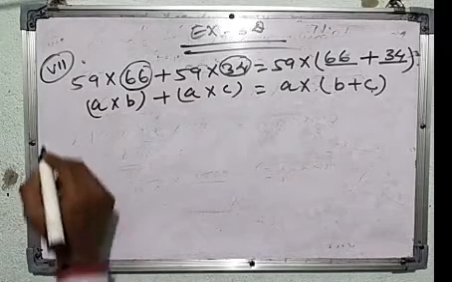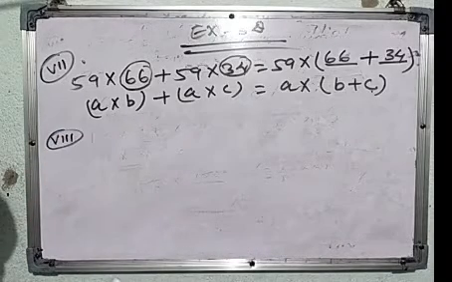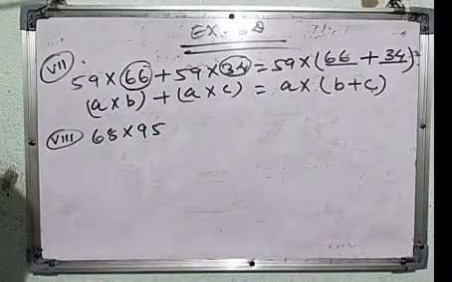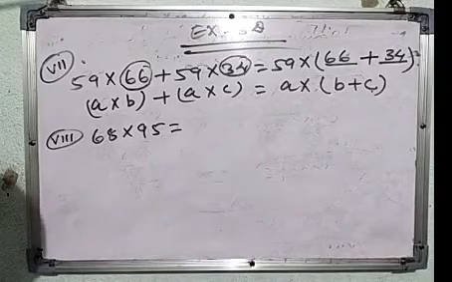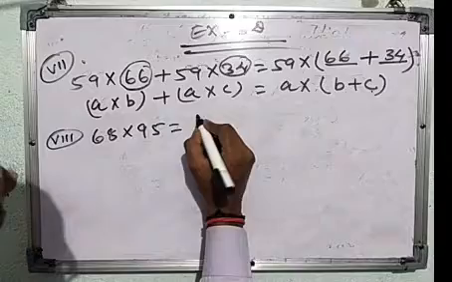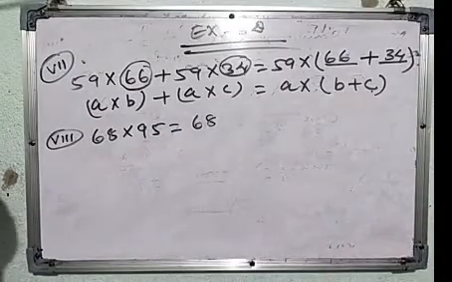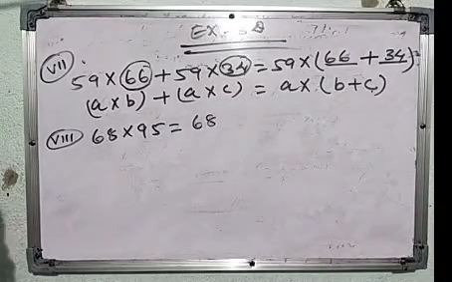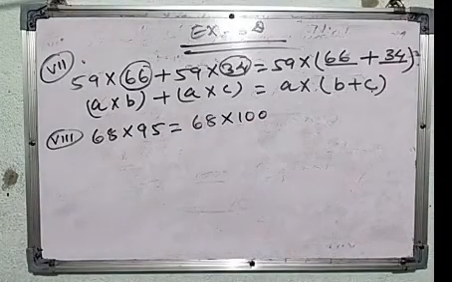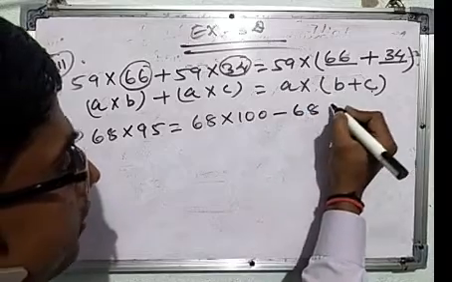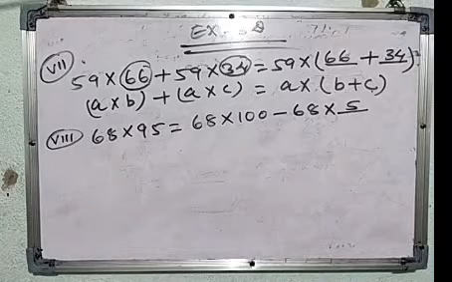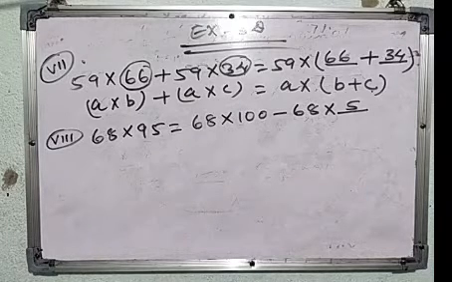Your question is 68 into 95 equal to 68 into 100 minus 68 into blank. You write 5. But why you write 5?